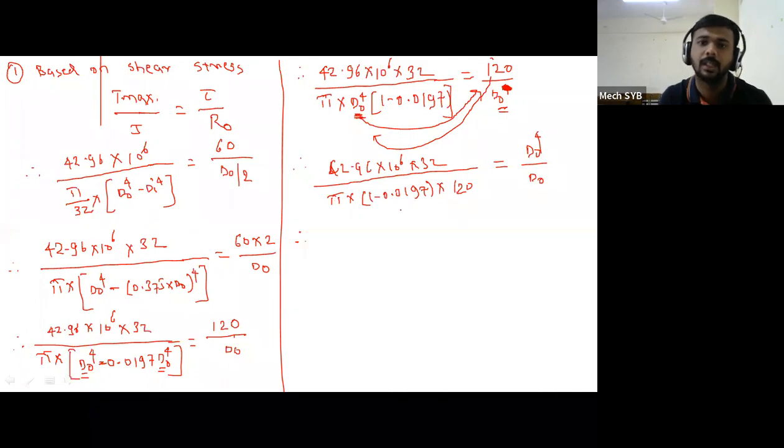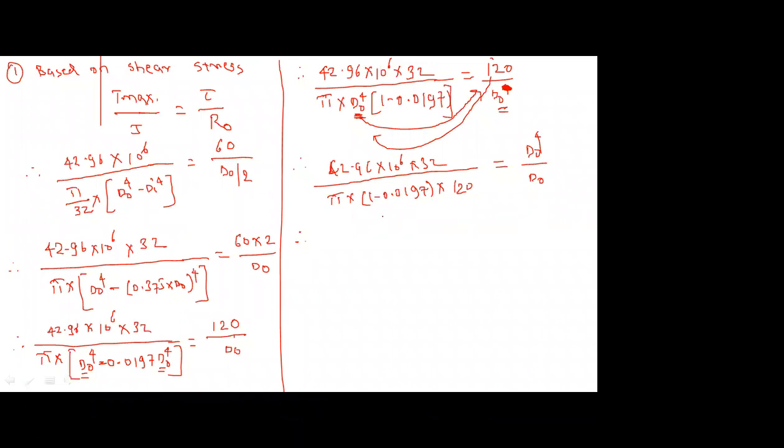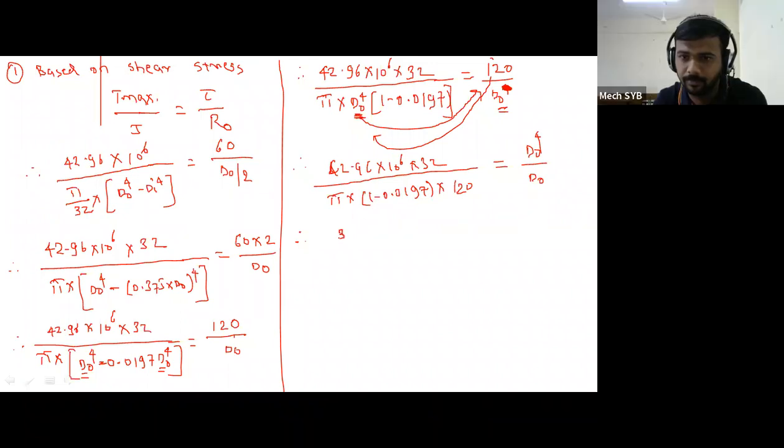Do this whole calculation, 42.96 into 10 raised to 6 into 32 divided by pi in bracket 1 minus 0.0197 into 120. What is the total calculation of this term? 3.71 into 10 raised to 6. 3.71 into 10 raised to 6 is equal to, now at the right side, do raised to 4 is on top and do is at the bottom; one do from the numerator and denominator will cancel, you will get the term do cube, and if you take its cube root, do is equal to 154.80.